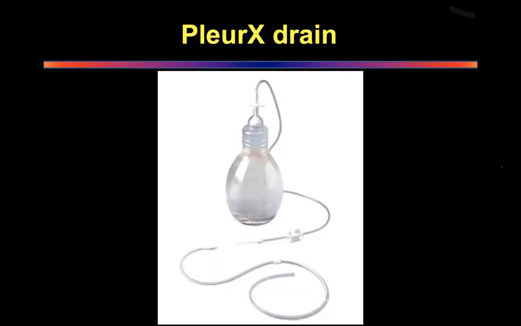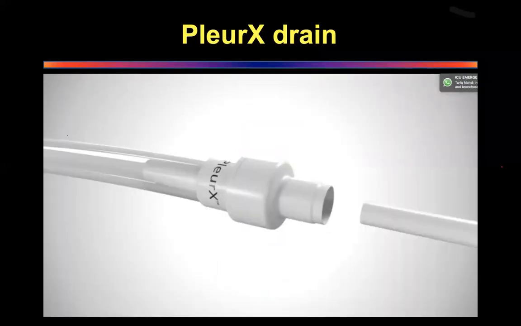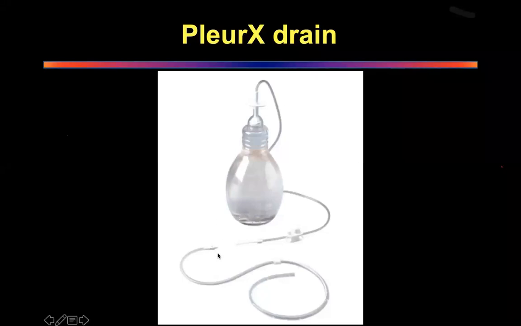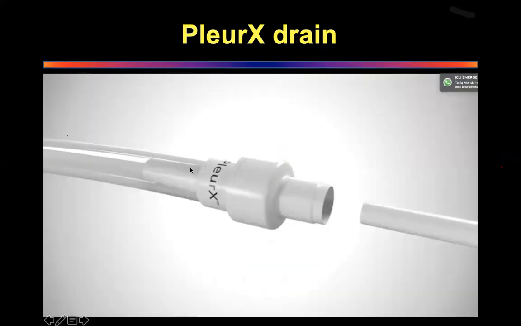Through one hole, the catheter goes into the chest, and this Teflon cuff lies underneath the skin, and this comes out on the chest wall, and you just stick it to the chest wall. So you put this into the pleura, you stick it to the chest wall, and whenever the patient gets symptomatic, on this end, there is a one-way valve.